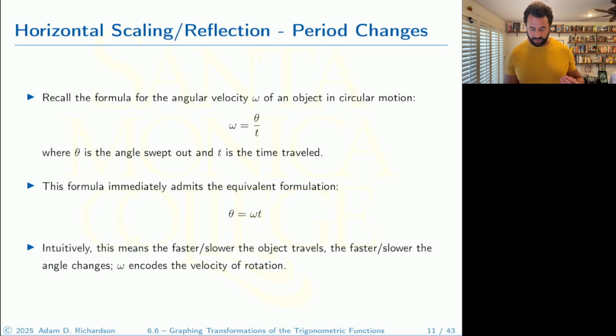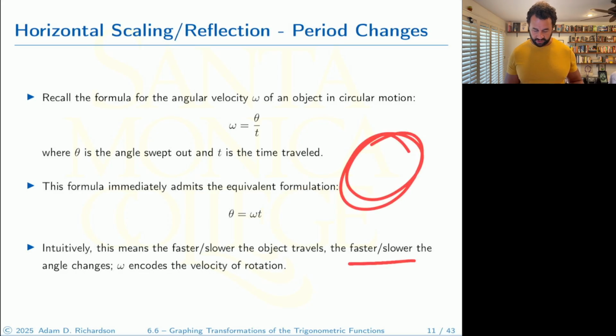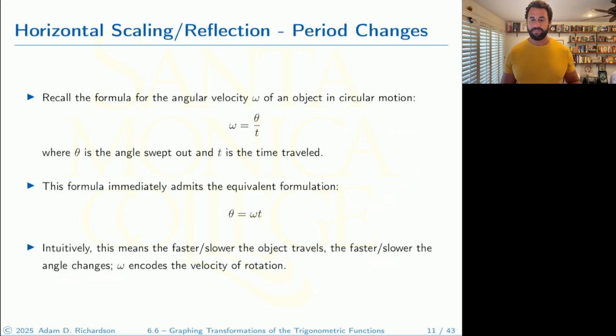So if you think about theta as the input of our sine function or cosine function or any trig function, what omega is really doing is speeding up or slowing down the circular motion. This means that the faster or slower the object moves in a circle, the faster or slower the angle changes. So this is like encoding the velocity of the rotation.